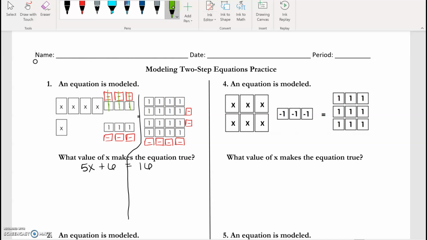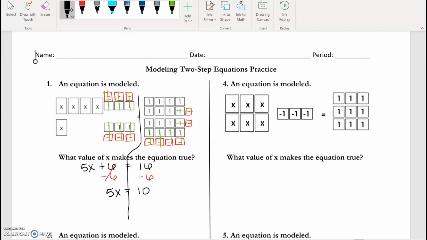Okay, so that was just like subtracting 6 from each side, right? The opposite of adding 6 is subtracting 6. So that gives me 5x still on this side, and 16 minus 6 leaves 10. So I have 10 left on this side.